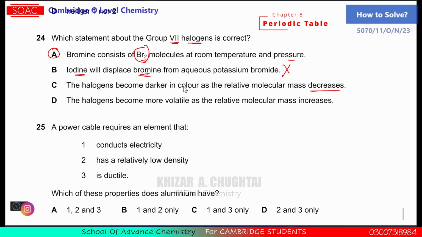No, they become darker in color when the mass increases, so it's incorrect. The last one, halogens become more volatile as the relative mass increases. No, they become more volatile when the mass decreases, or less volatile when their mass increases. So again, it is confirmed that A is the correct option.